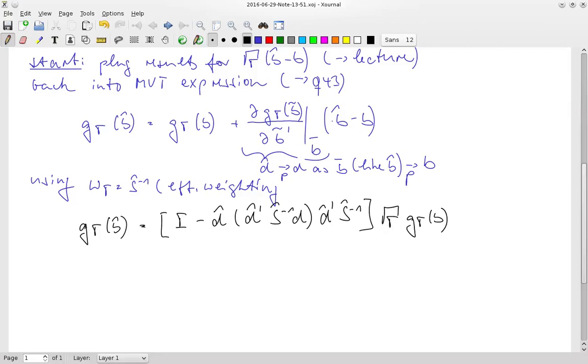Now this is what you should get if you correctly plug the results from the lecture into the mean value theorem expansion, and when you use the efficient weighting matrix to do that. Okay, to verify that you have that result.